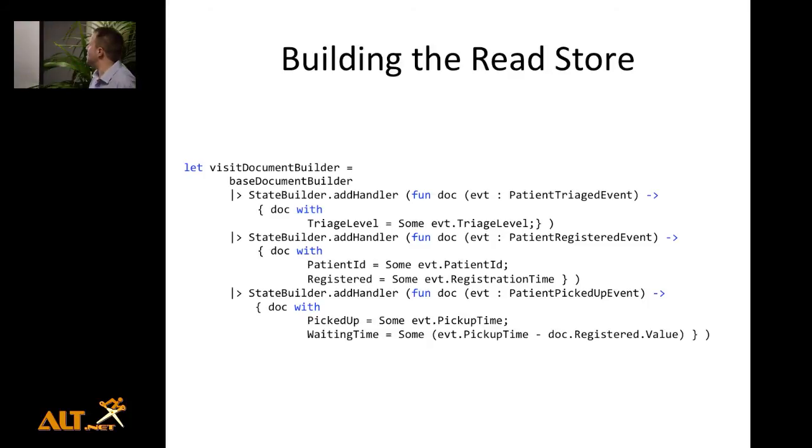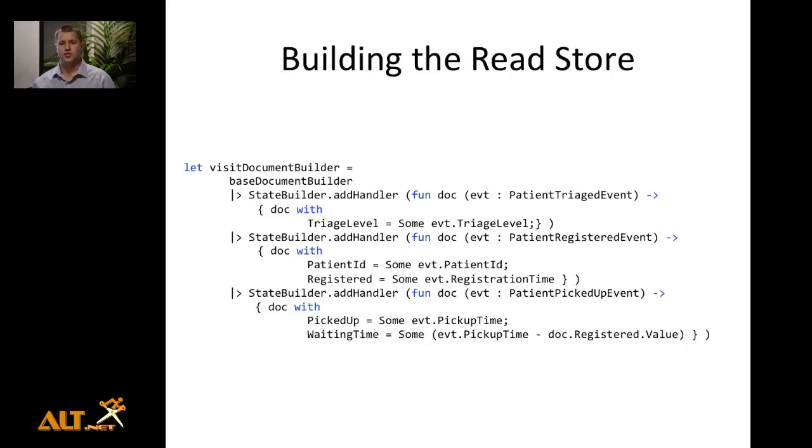The big difference here is that whilst the state builders for the aggregates need to only include events that have happened on that stream, when you're building up the database, you've got access to all of the events from the event store that have happened in any of the streams.